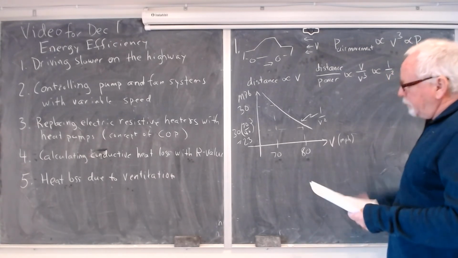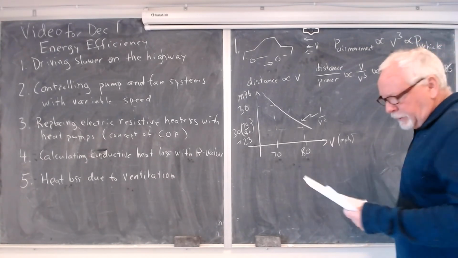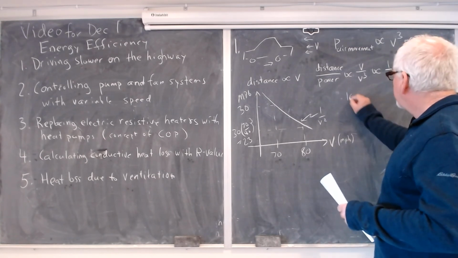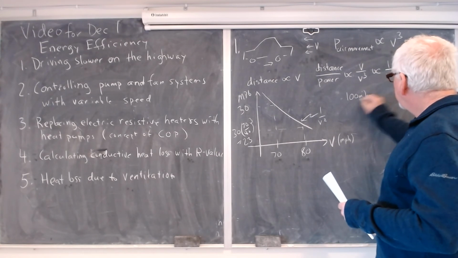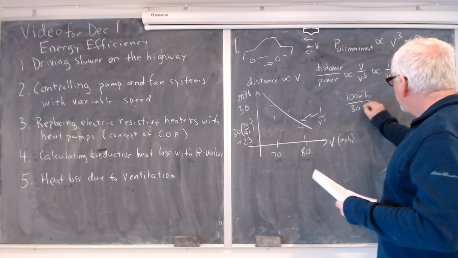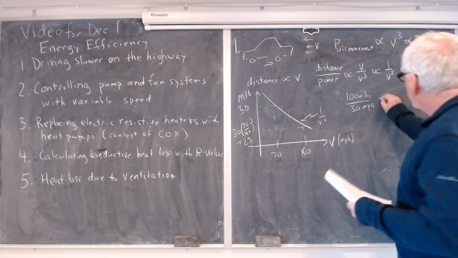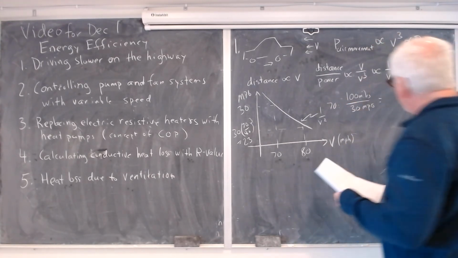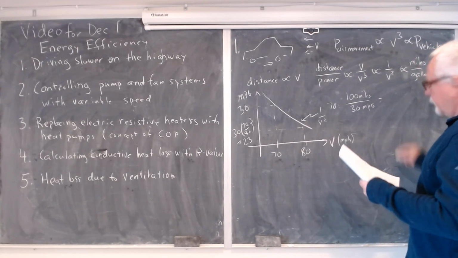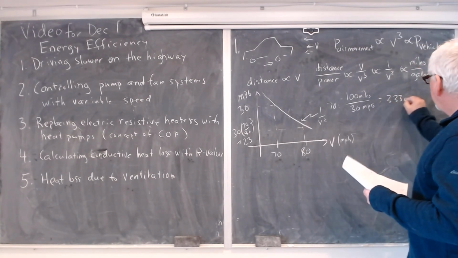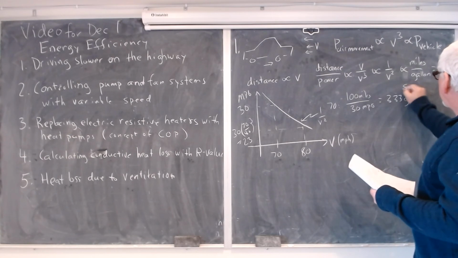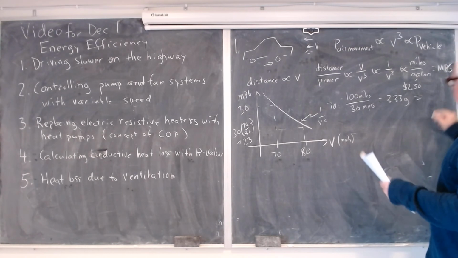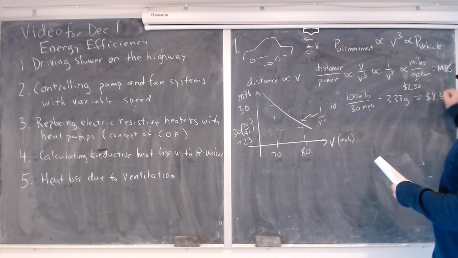And now, so basically you can save gas by driving slower. And that's great. And we can calculate, for 100 miles, so 100 miles over 30 miles per gallon, that's at 70. So that trip then costs you 3.33 gallons, and at $2.50 per gallon, that trip costs you $8.33.